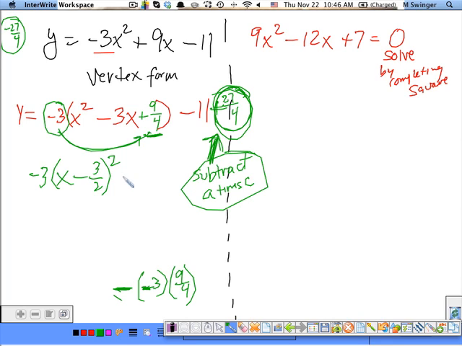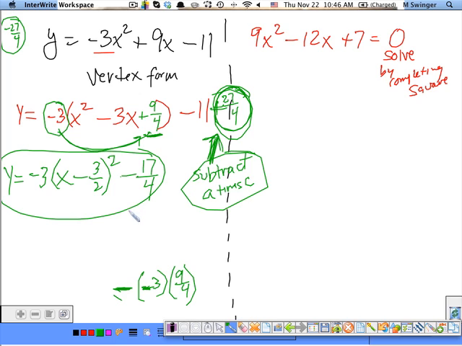Negative 17/4. Negative 17/4. Anybody confirm that? We got 2 there. Anybody else confirm that answer? Okay. All right. There you go. This is vertex form. Y equals this.